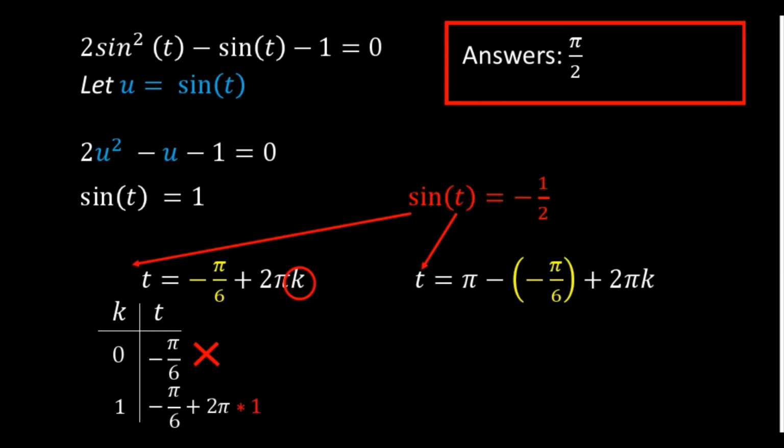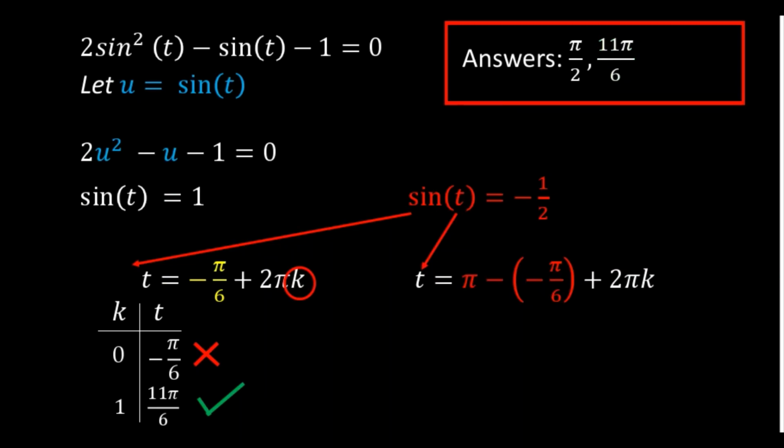And I will try another integer for k, so k equals 1. We'll have negative pi over 6 plus 2 pi times 1. And if we simplify it, we'll get 11 pi over 6. That's within the interval between 0 and 2 pi, so that answer works, and we'll write it down as one of our answers, 11 pi over 6.